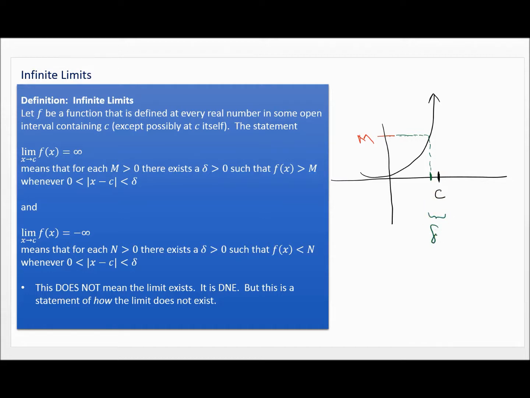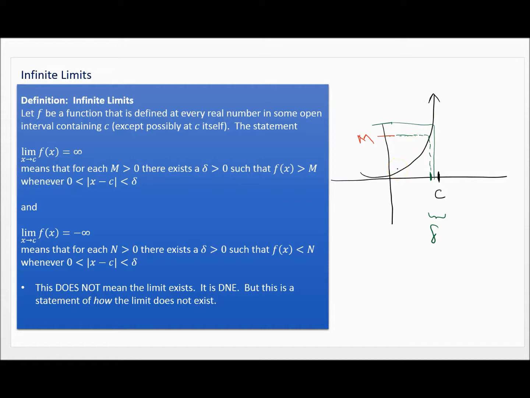Now, if I pick any f of x bigger than m, so hang with me, any value bigger than m, so that means up here somewhere, and I backtrack, notice that's going to fit within that delta distance. And anything bigger than that is going to fit with that. But that wouldn't work if that weren't going to plus infinity.